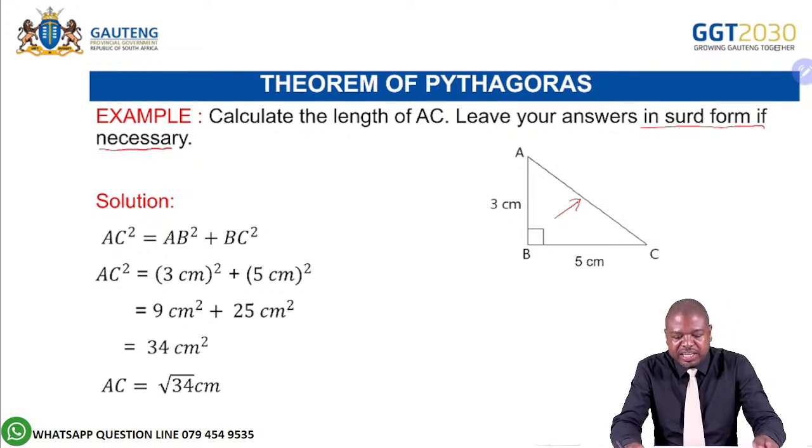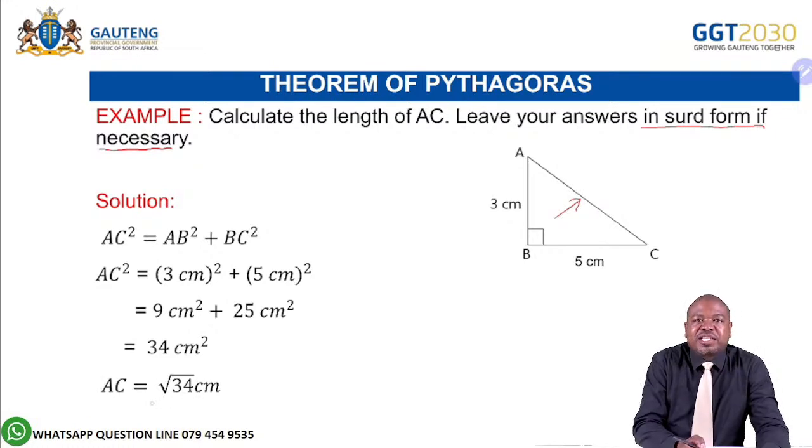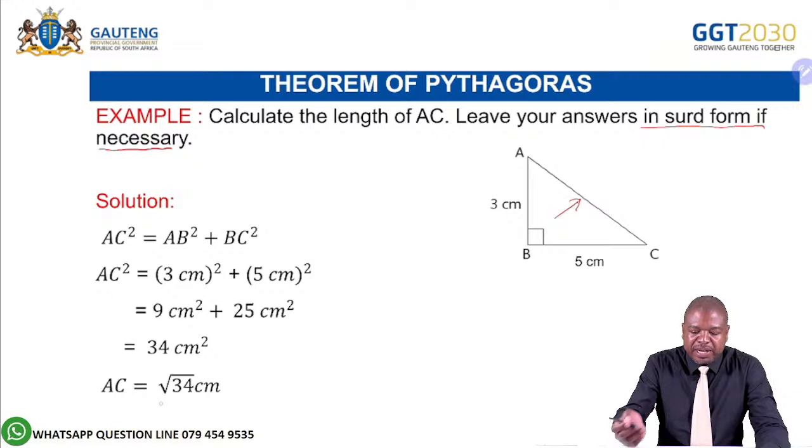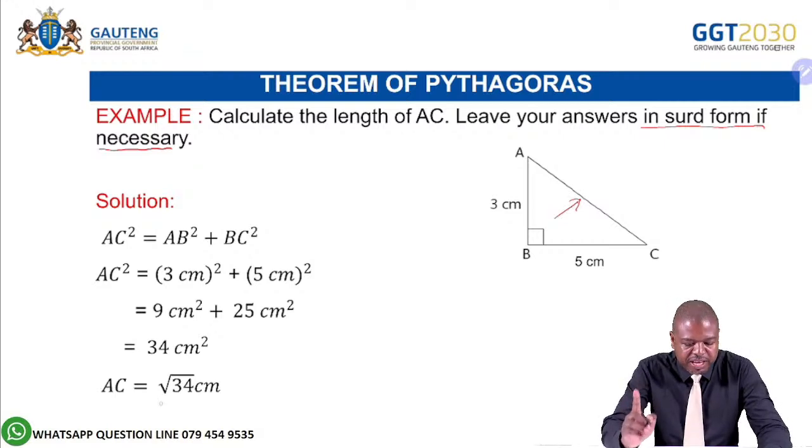Remember, the question directed us to leave our answers in surd form if necessary, right? I know you can express this in decimal form where you can maybe express it to 2 decimal places, but that would not be correct because the question requires you to leave your answer in surd form. So you need to be careful there with the instructions given.